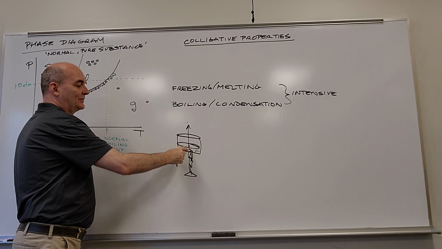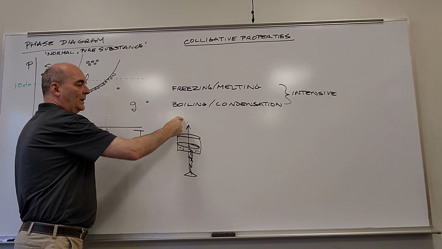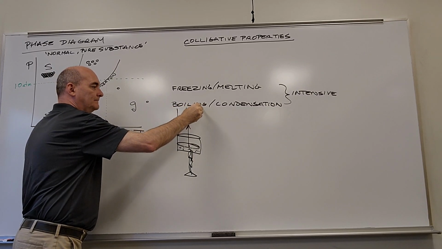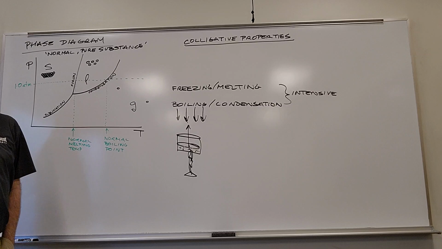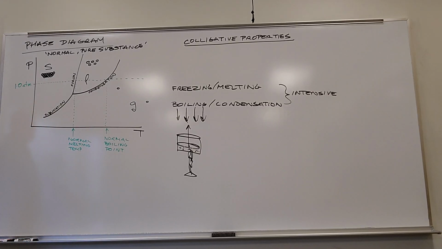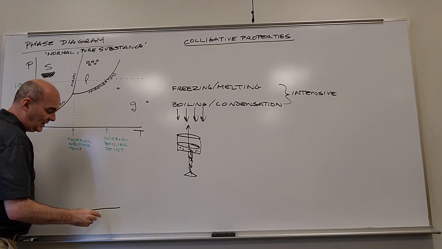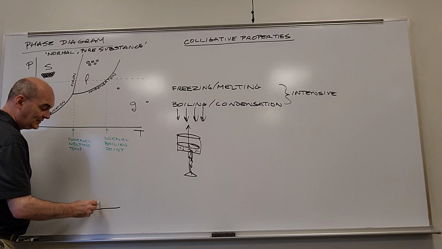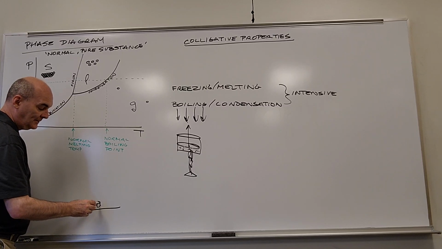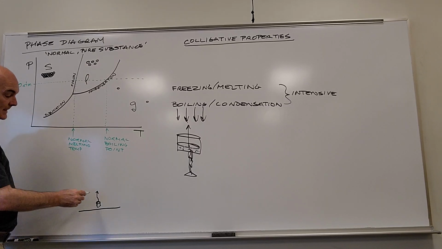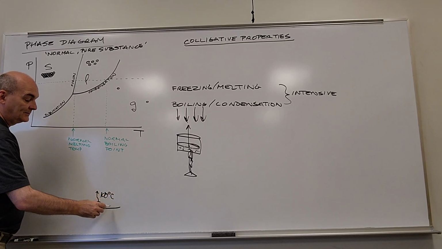The resistance against going from the liquid to the gas is atmospheric pressure. It's the pressure of the atmosphere pushing down on the surface of the liquid. Okay. So here's us in South Texas with a little beaker making water boil at 100 degrees Celsius.